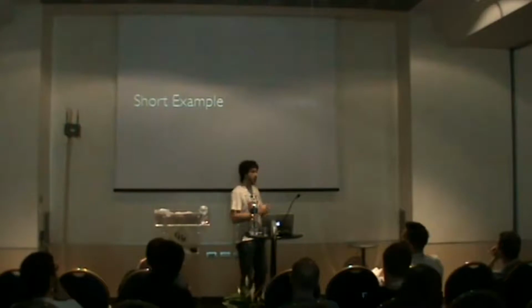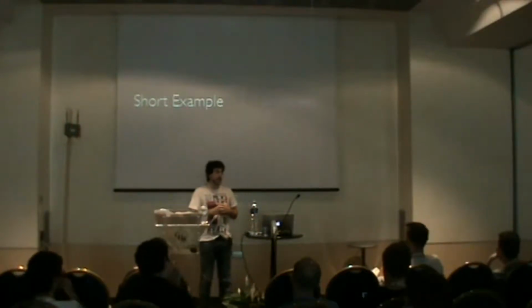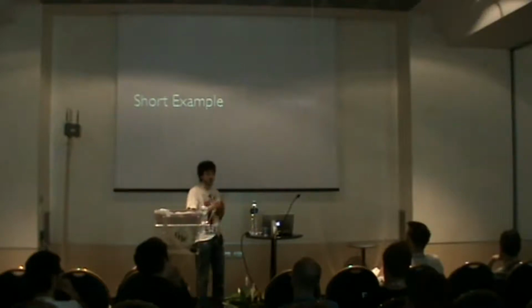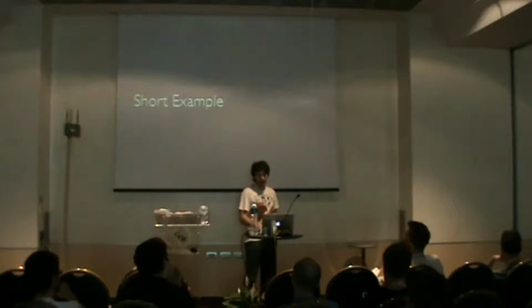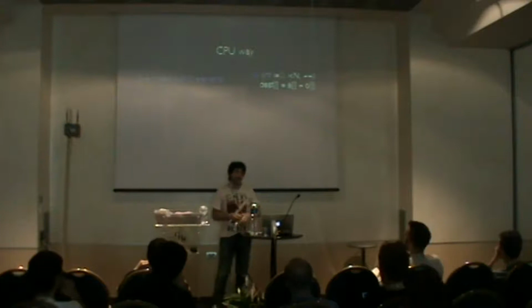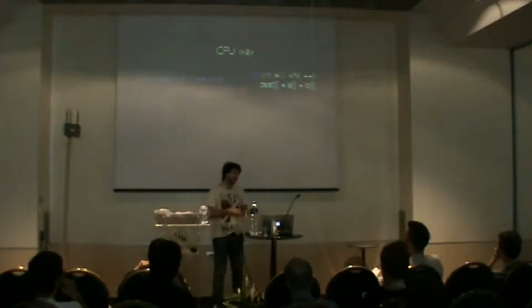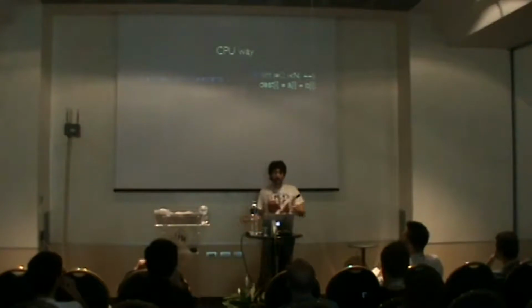To see how PyCUDA works, I prepared a very simple example, and it's about the sum of two vectors. It's a very simple task, and the classical way to solve it is to loop over the elements of these two vectors, do the sum, and put the results in another vector.